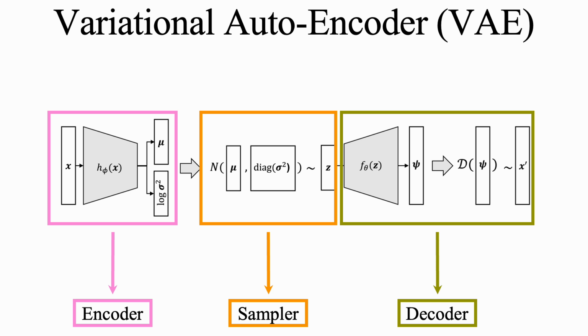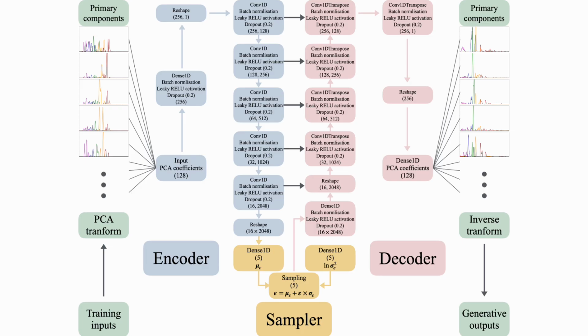Comparable to a nonlinear PCA, the VAE employs a neural network encoder to compress the redshift distributions into a low-dimensional latent space. After resampling the latent variable, the redshift distributions are reconstructed via a neural network decoder.